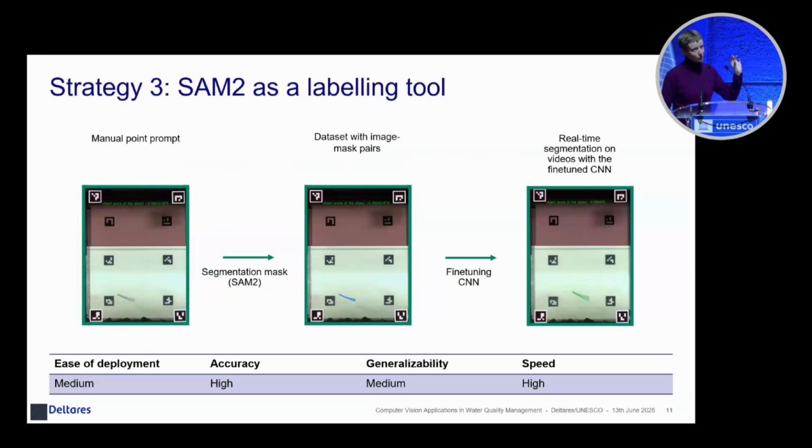Although then an edge device that's a bit bigger than the microcontroller. And using SAM2 directly without these few-shot examples, we could create a labeled data set from mask and image pairs very well to fine-tune the CNN, which then trained on these specific plastics, of course, worked really well as well.